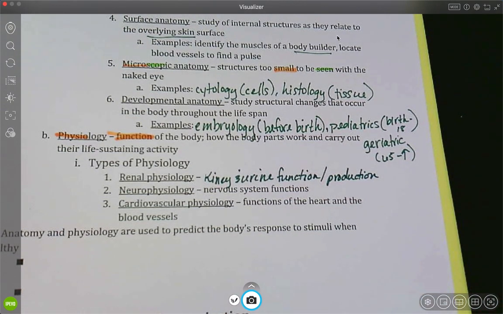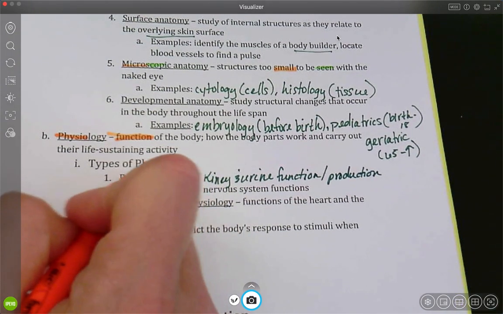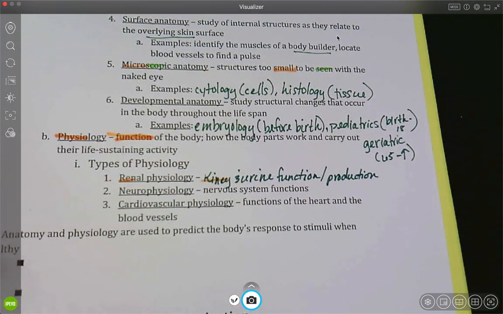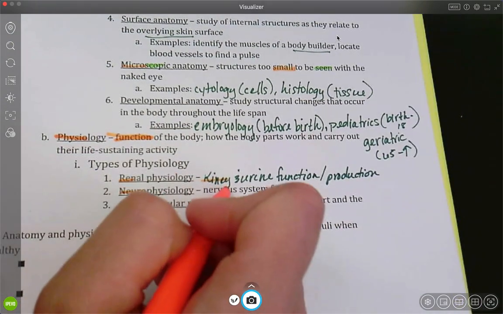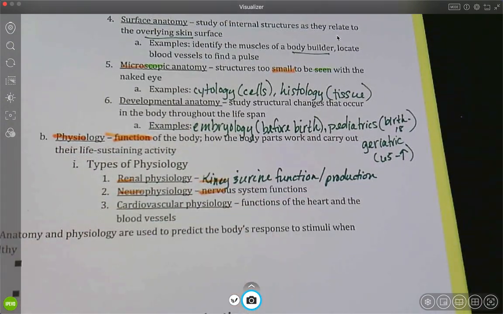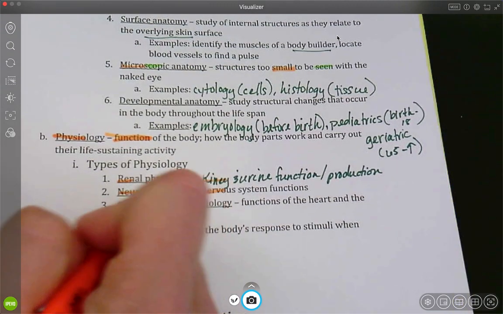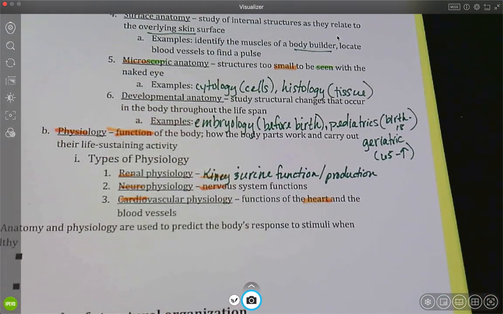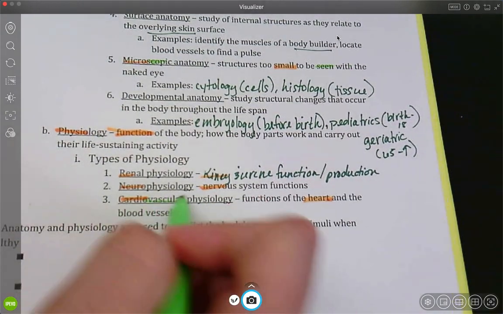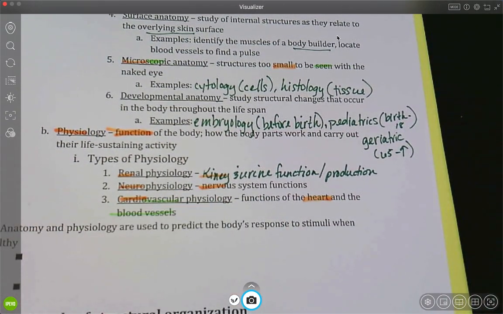So renal, ren, means kidney. Then we're looking at neuro, nerve. We've got cardio, heart, vascular, blood vessels. See how this should be making sense to you.